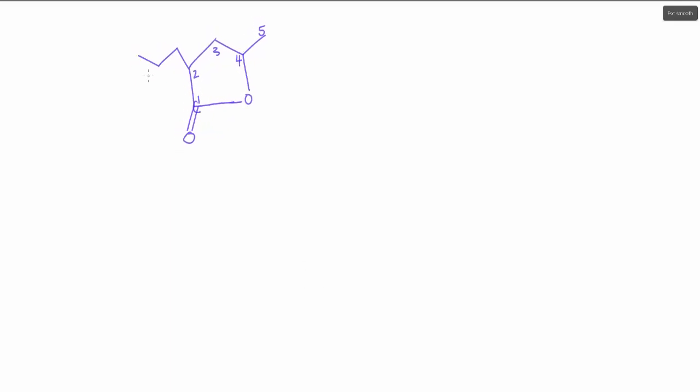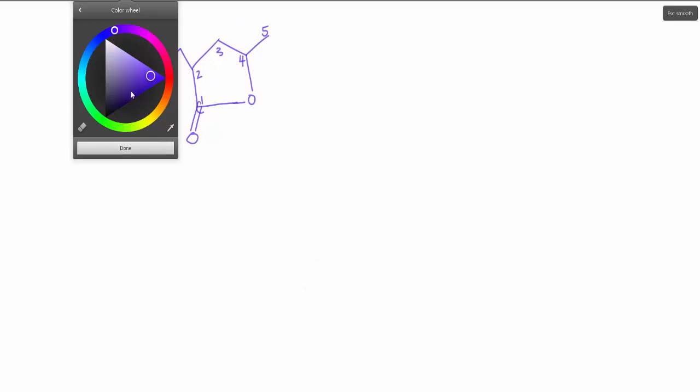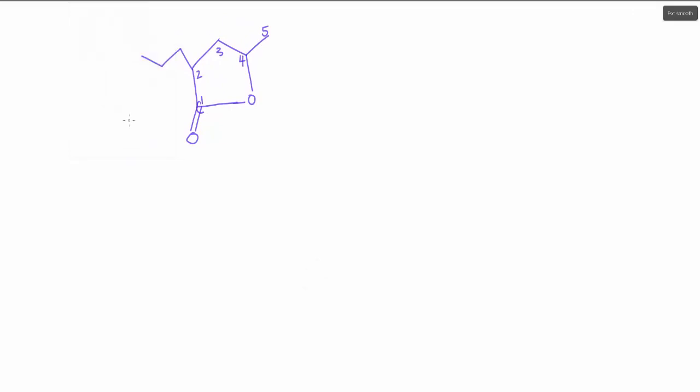So what happens here is that what's on carbon 2 is treated as a substituent. Okay? Notice that my N carbon within the ring, 5 is the actual N carbon that continues after the ring.